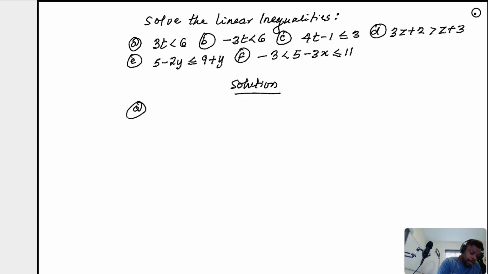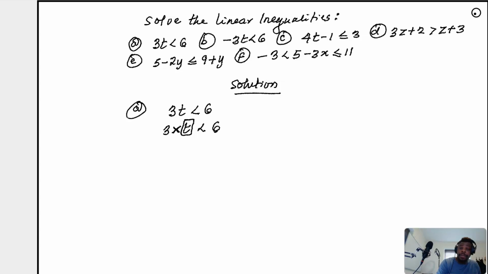The first one, A: 3t less than 6. Now here, you can see that 3 is multiplying t and is less than 6. So for me to be able to have only t on this side, I have to do the opposite of multiplication.